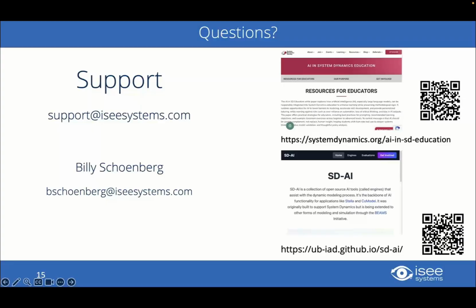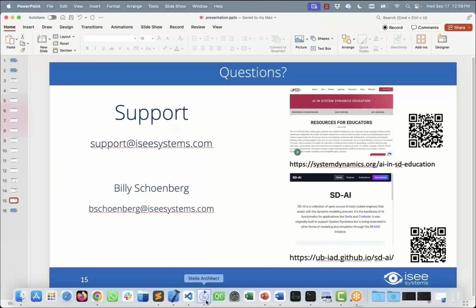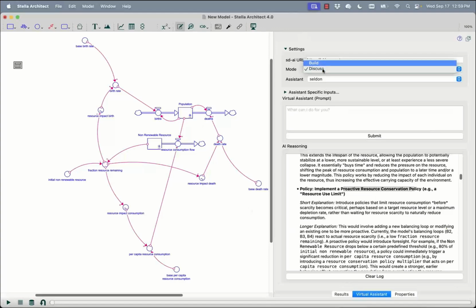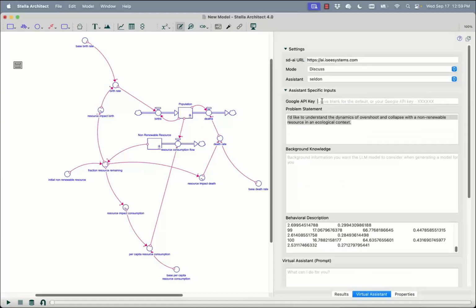Now, if you want to provide your own API key where you set up your own privacy settings, you are capable of doing that. But my ultimate recommendation to you is, if you're working on any kind of personally identifiable information or any kind of sensitive information or things like that, I would not use these AI tools.